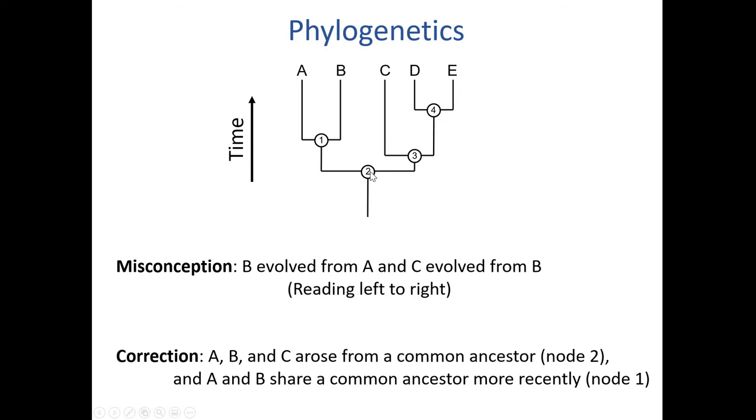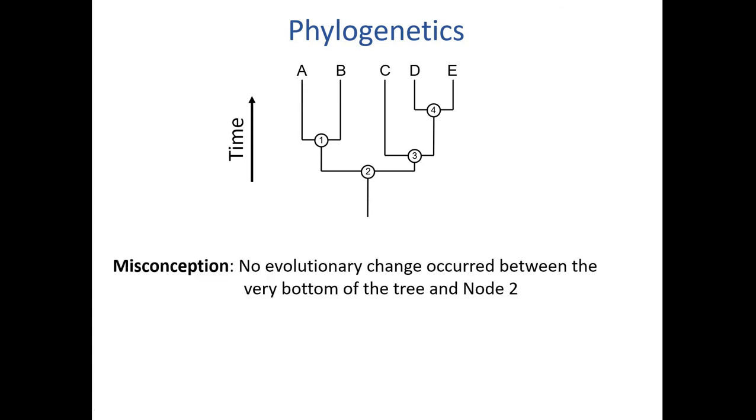And so that's down here at node 2, right? So node 2 gives rise ultimately to A, B, and C over evolutionary time. And then A and B share a more recent last common ancestor here at node 1. And so that's the correct way to interpret basically the process of evolution within these trees. So don't read them from left to right, read them over time.